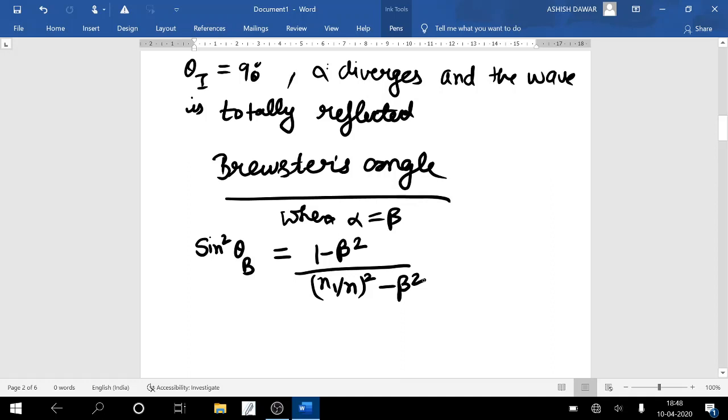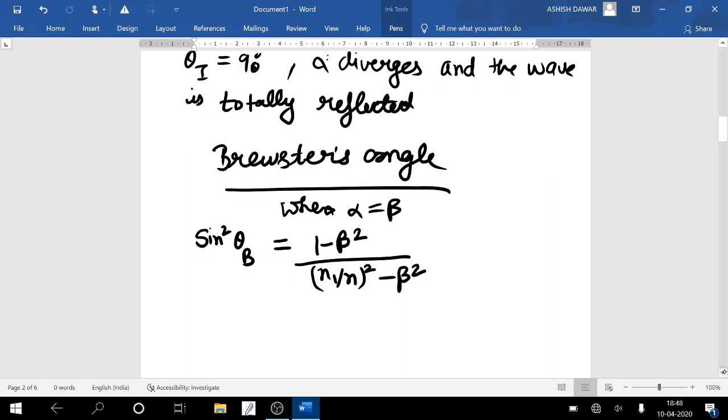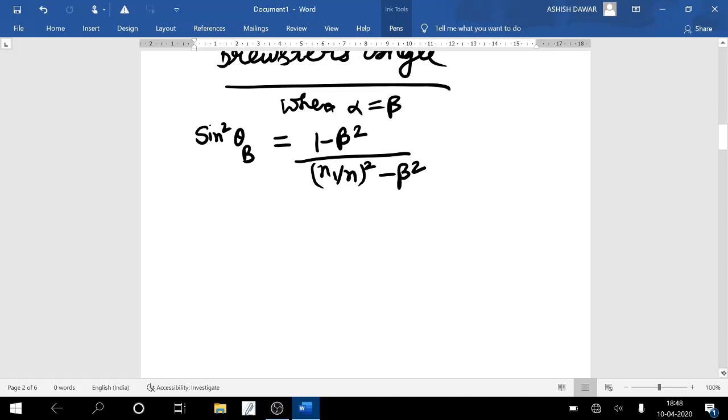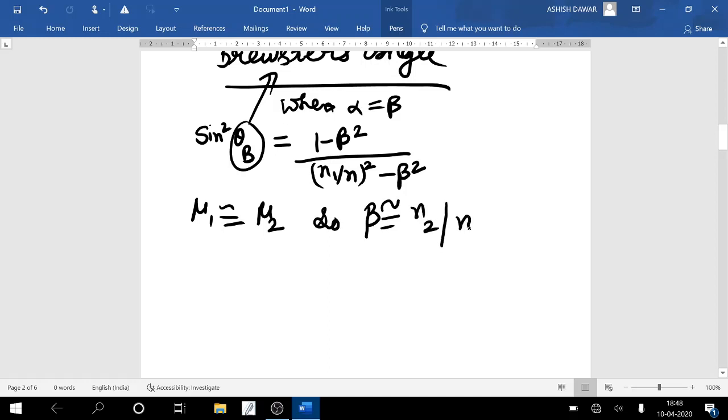For a typical case, where theta b is the Brewster angle, when mu1 is approximately equal to mu2, beta is approximately equal to n2 upon n1.